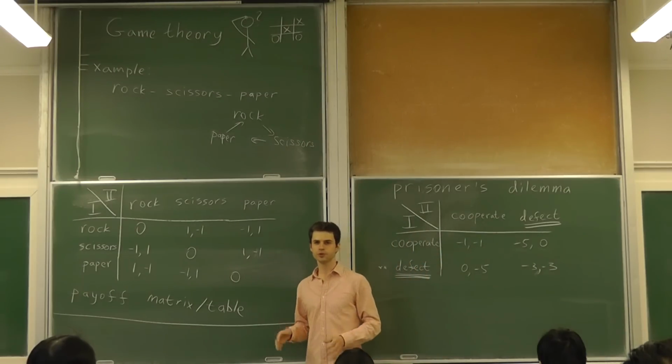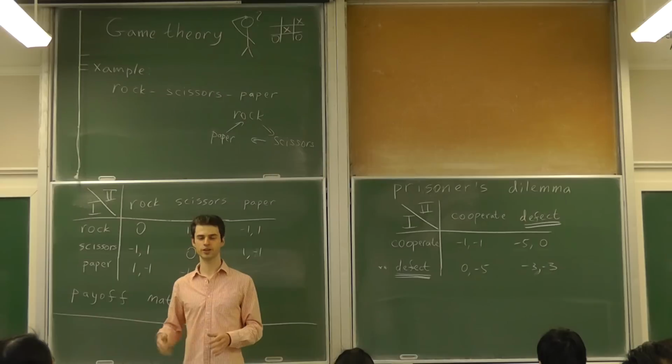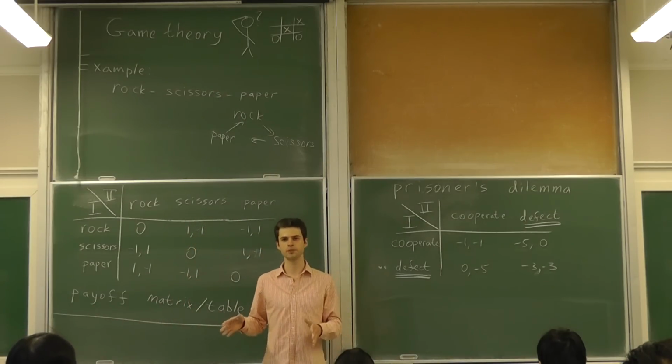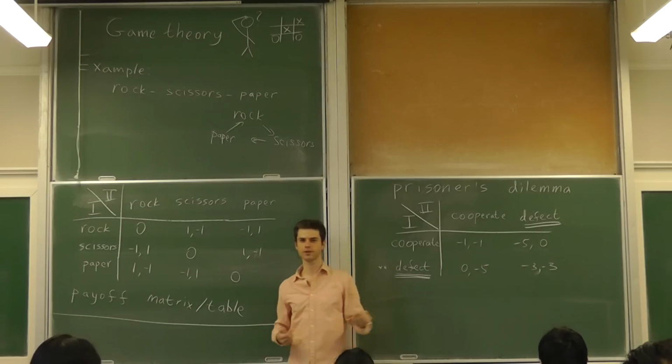You know what? If you do not confess to doing this crime and you do not tell that the other guy participated in this crime, well, we'll charge you with some smaller crime. You'll get 1 year of imprisonment and the same about your friend.